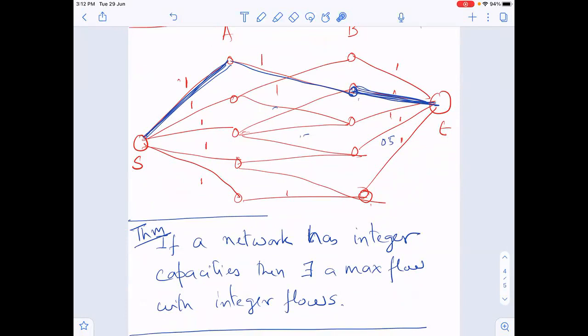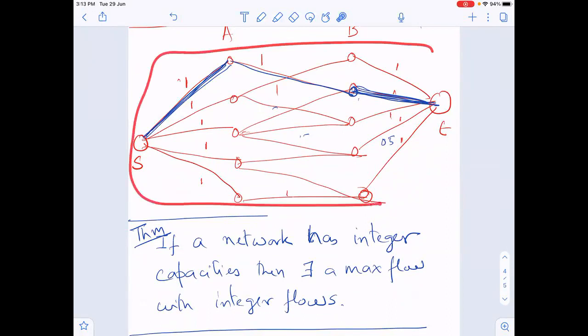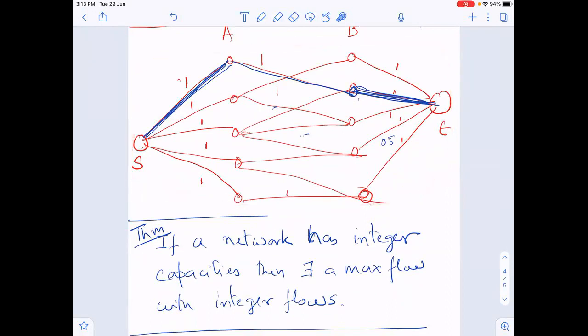Okay, but this also doesn't tell you how you can use max flow to come up with a matching. You can say that, okay, I can use max flow on this problem. If the max flow value is T, then I know there is a matching of size T. But that is not necessarily going to give you a flow of integer weights.